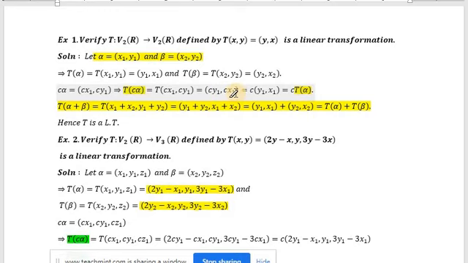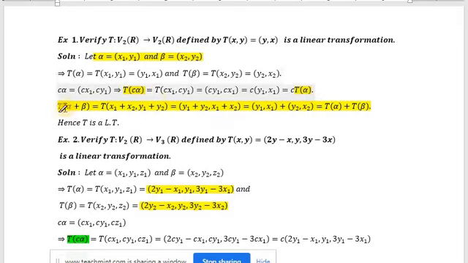Now you remove the common factor c here, so you get c times (y1, x1). See, (y1, x1) is nothing but T of (x1, y1), which is nothing but T of alpha. So that is equal to c T alpha. We have considered T of c alpha and we proved that it is equal to c T alpha. So condition 1 for the linear transformation has been satisfied.